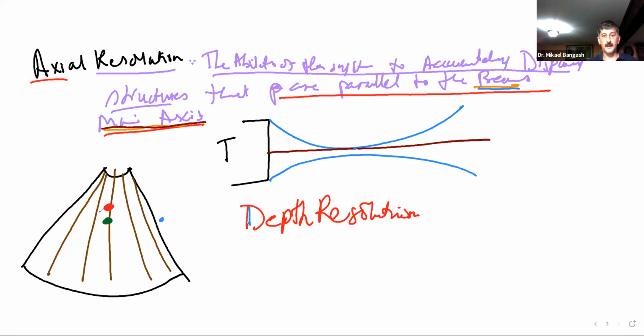When we look at it, we can say that the red structure here is at a shallow depth, whereas this green structure here is at a deeper depth. Did that make sense?